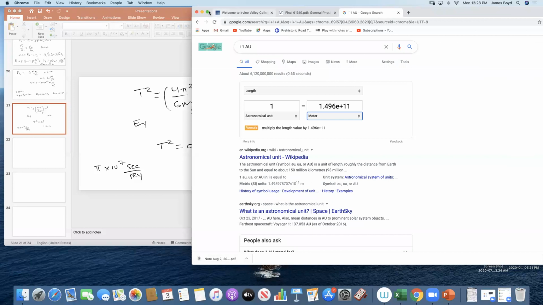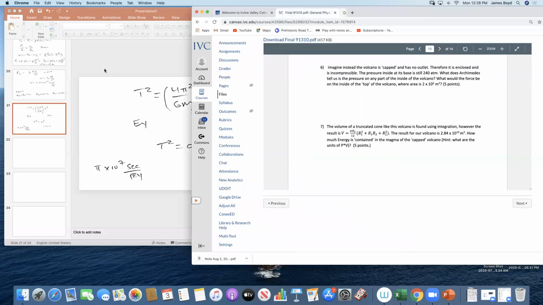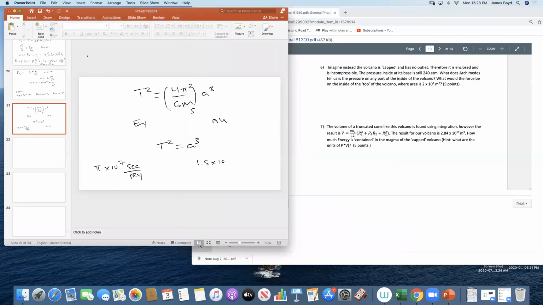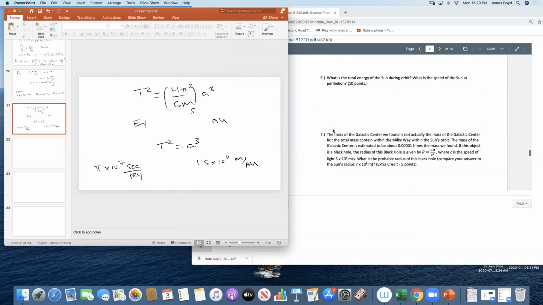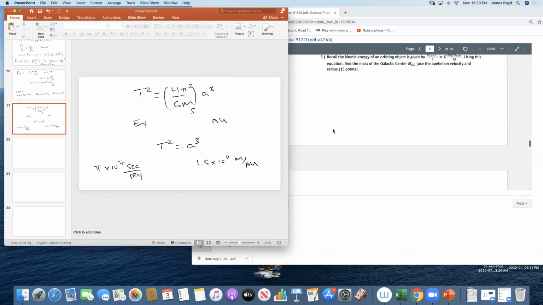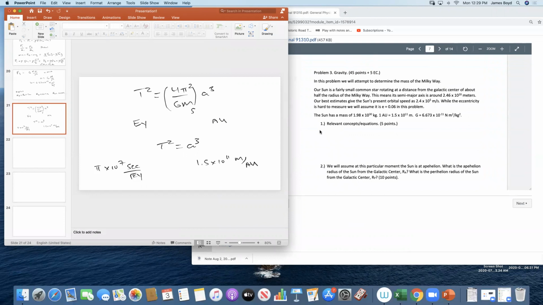Yeah, it's 1.5 times 10 to the 11. So 1.5 times 10 to the 11th meters per AU if you need to convert it for some reason. Usually though, you'll just plug it in. So I'm not going to do this quite yet. We'll come back to this.